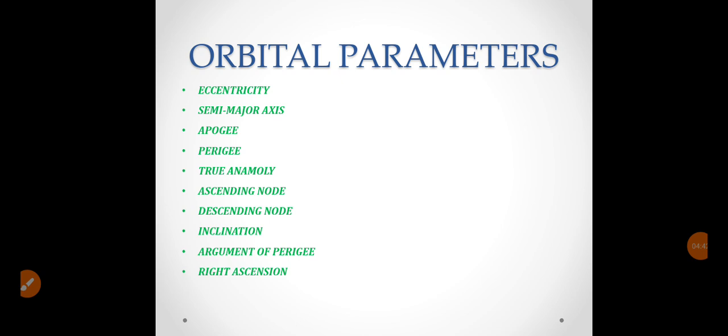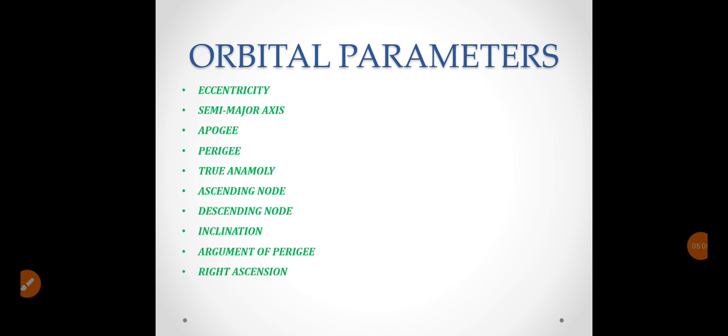Similarly, the descending node has the same definition, but the orbit is going from south to north. The next one is inclination, the angle between the orbital plane and the Earth's equatorial plane. It is measured at the ascending node from the equator to the orbit, going from east to north.